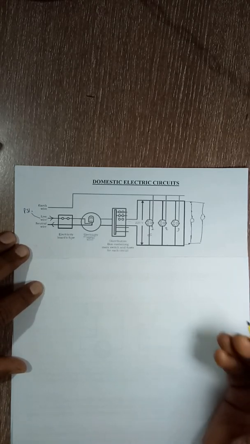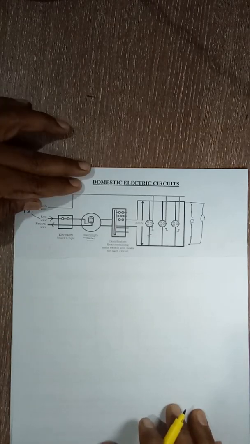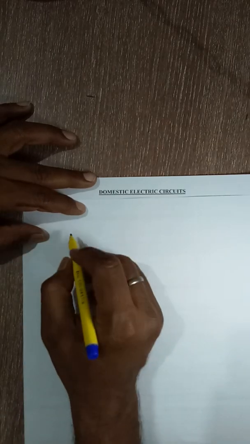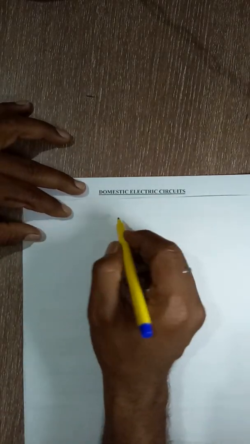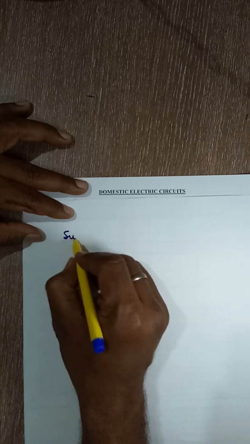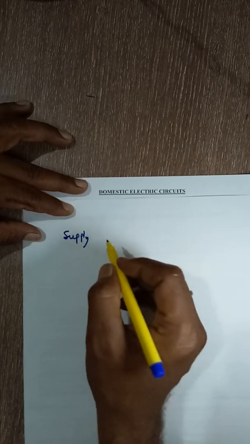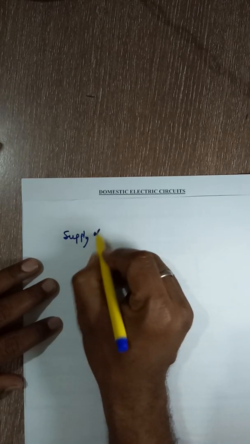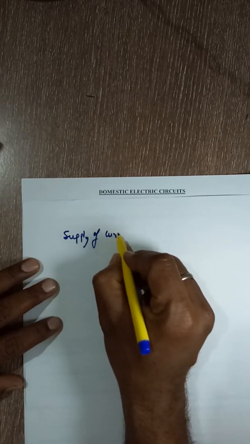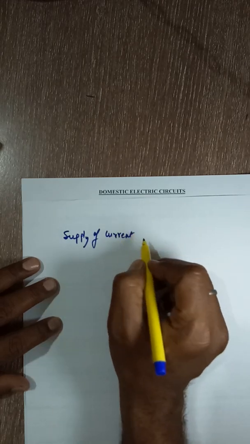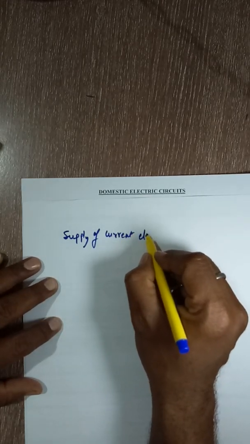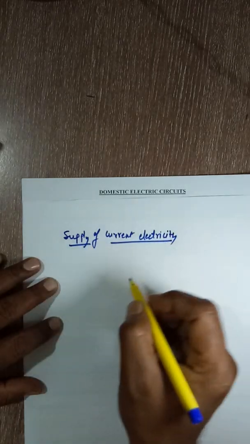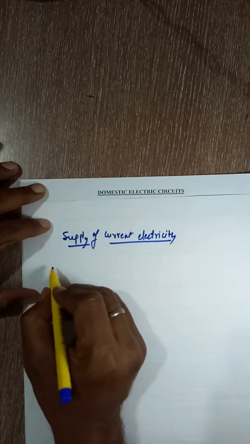The number one is the supply. First of all, supply is there. Supply of current electricity, right? It starts from the power station.